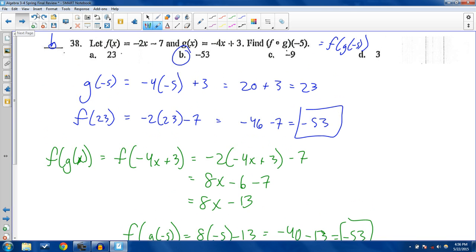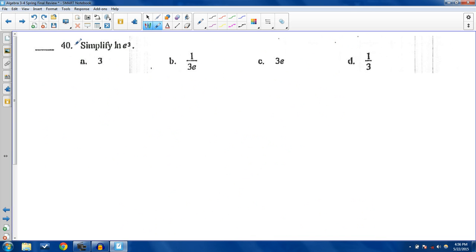Okay, we've got 3 more problems, 40, 41, and 42, and I think they're all log problems. Simplify, natural log of e cubed. You might not know the property that the natural log of e is 1. If you didn't, I do want you to know that the natural log of x is the same thing as log base e of x.